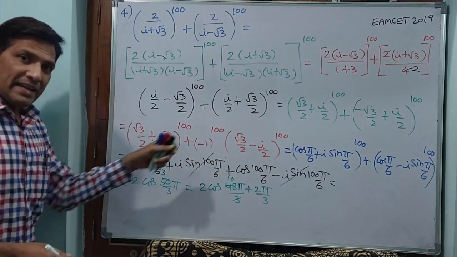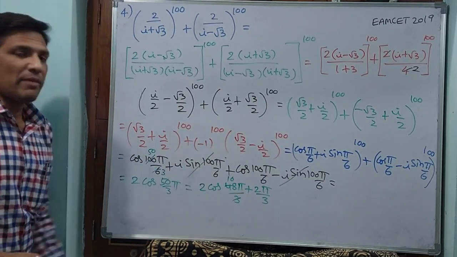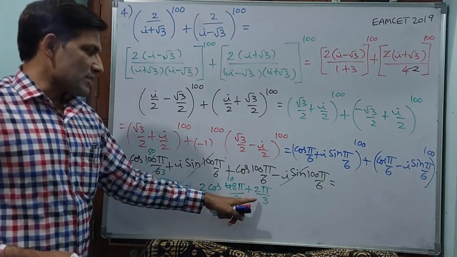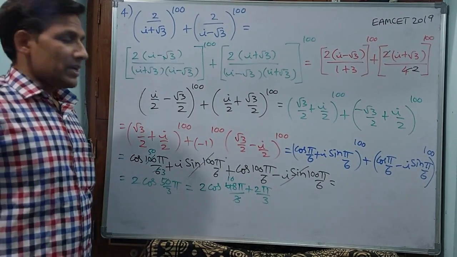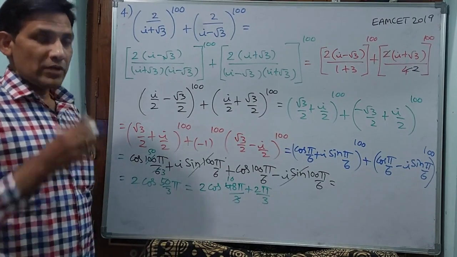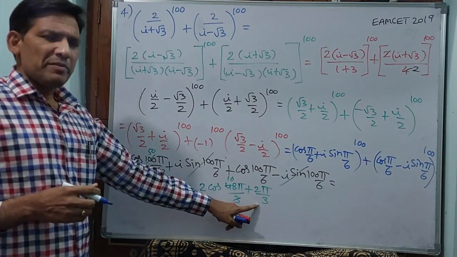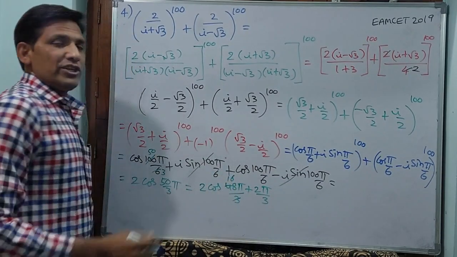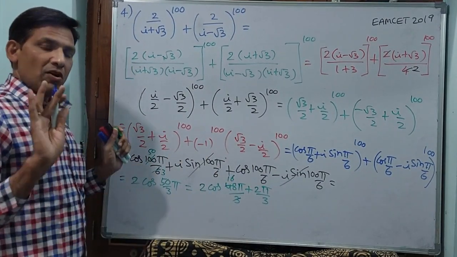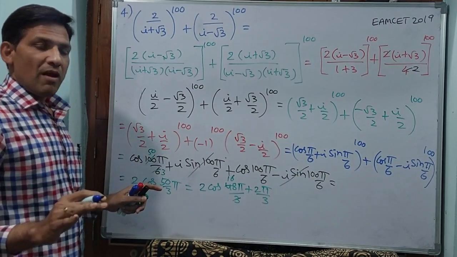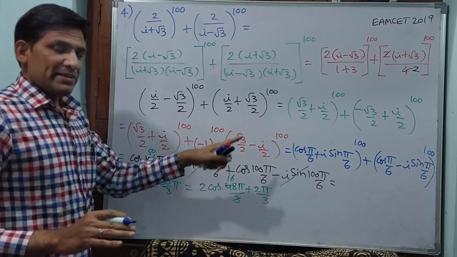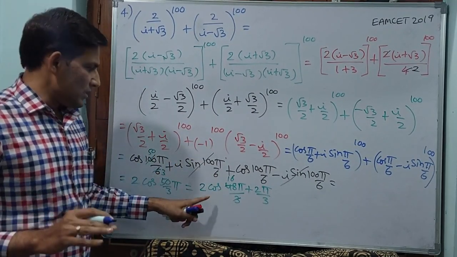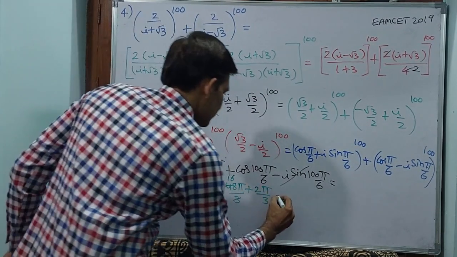See, why the horizontal angle, I want to say. The horizontal angle is there, how to take 2 pi by 3? Whatever theta may be, the horizontal angle 16 pi is there. Horizontal angle means cos only will come, and since 2 pi plus something is there, we don't know this value temporarily, we take plus only. 2 cos 2 pi by 3 will come.